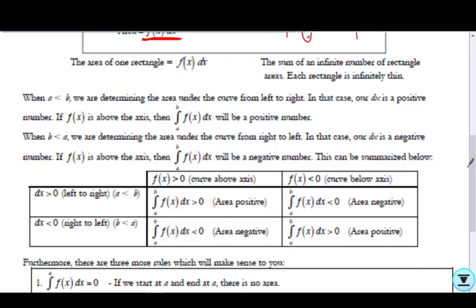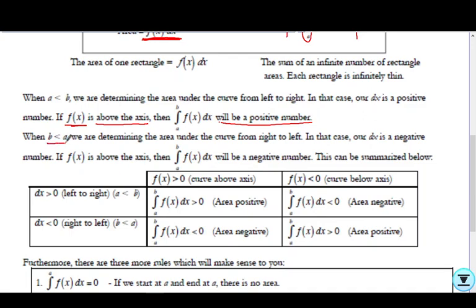In that case, our dx is a positive number. If the function is above the x-axis, then it will be a positive number. So any area above the x-axis, in between the function and the x-axis, is positive. Any area below the x-axis we consider negative.